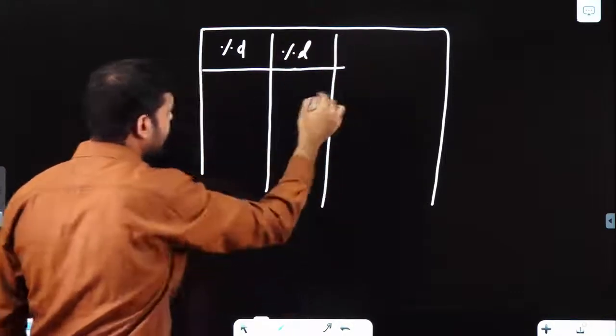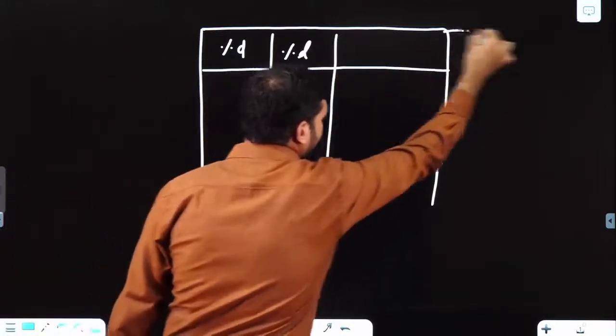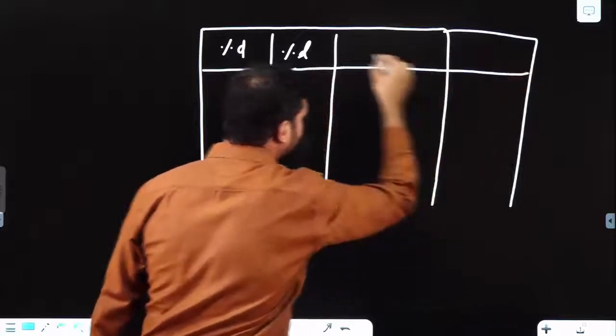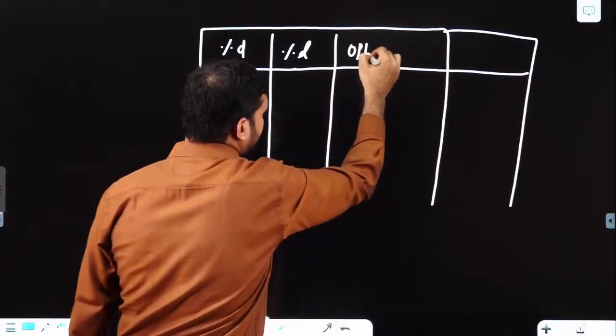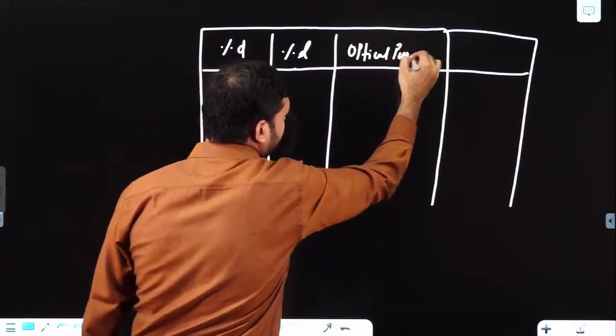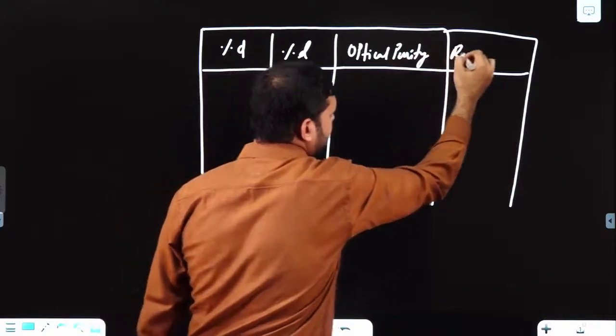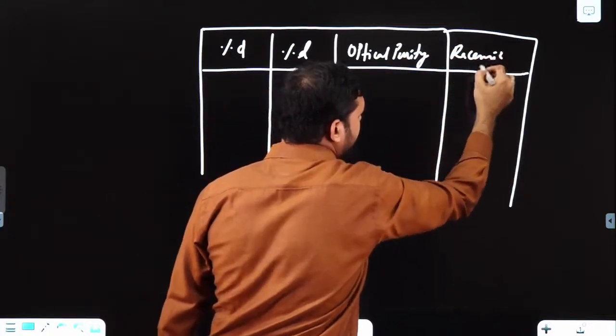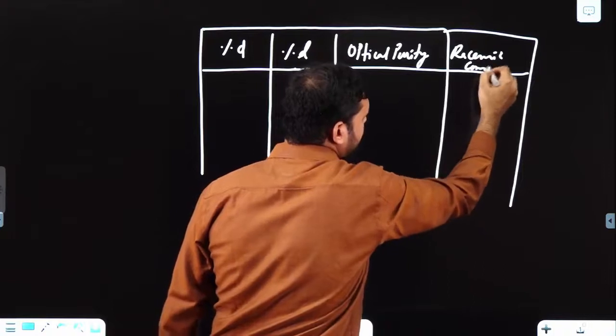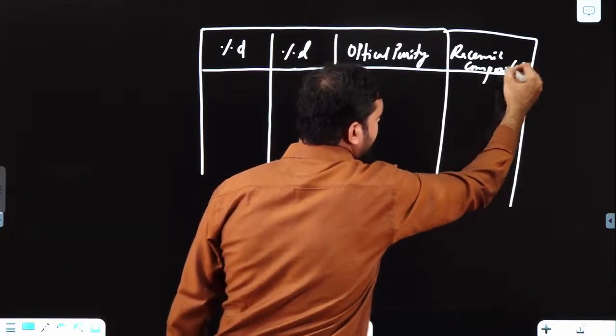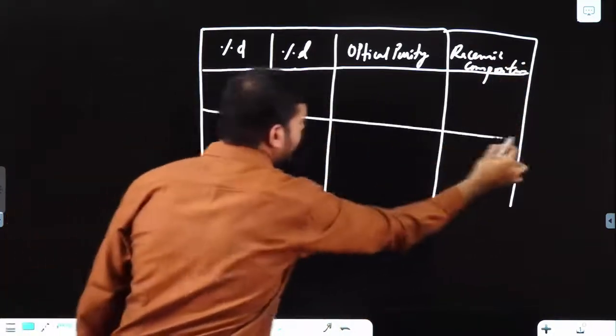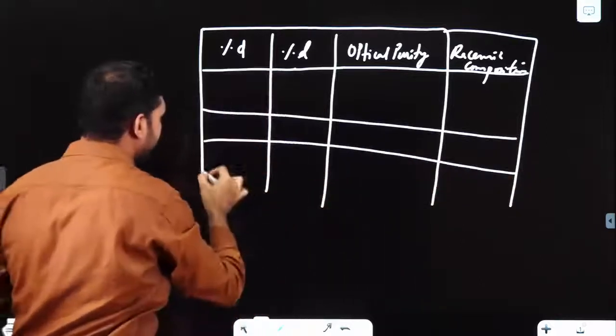Percent D, percent L, optical purity, racemic composition. Let me simply use a few examples to describe this part.